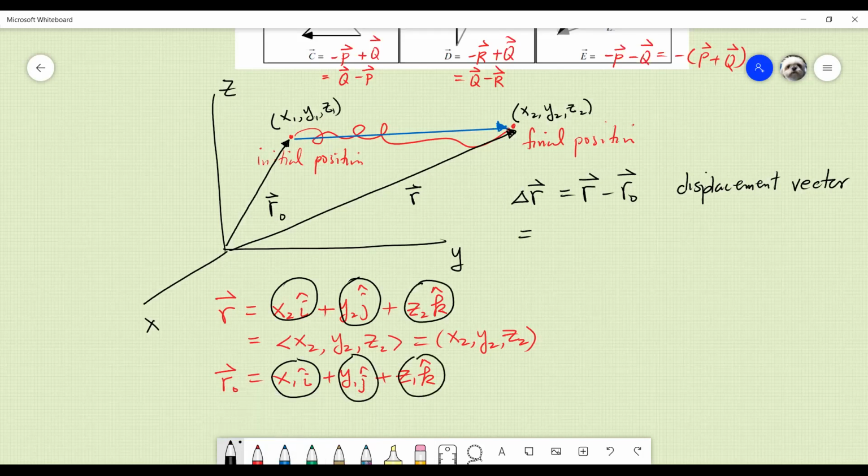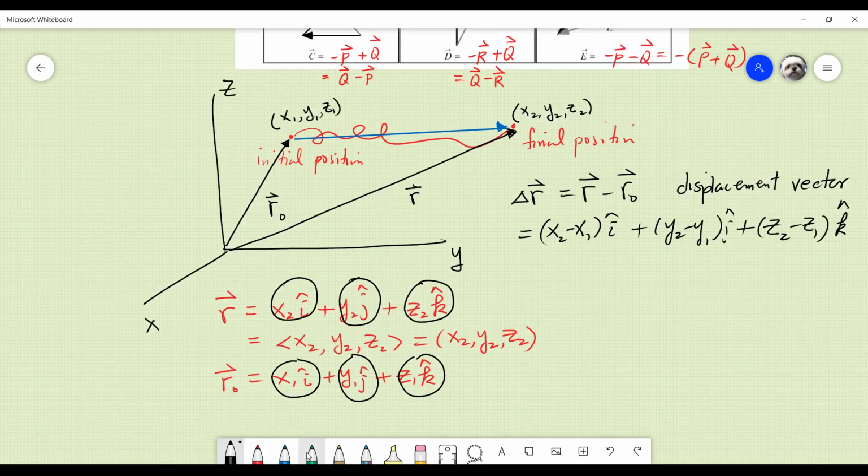So that will be x2 minus x1 i plus y2 minus y1 j plus c2 minus c1 k. Good?